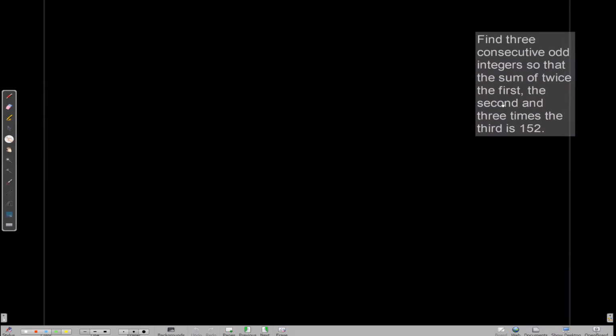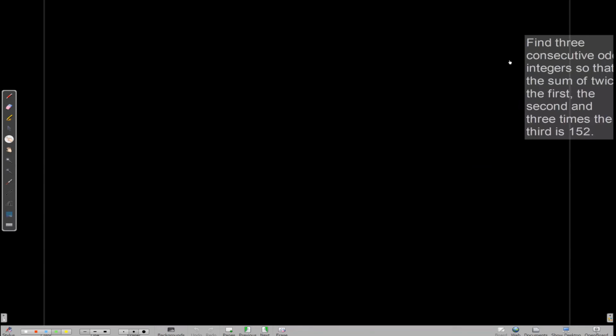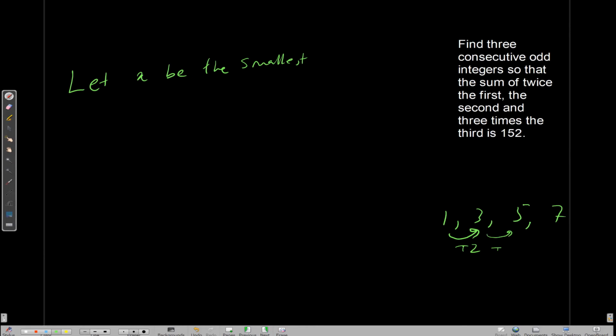How about this? Sum of three consecutive odd integers. So consecutive and odd. So again, let x be the smallest. Even though we have odd, like 1, 3, 5, 7, still the jump is plus 2. Can you see? Plus 2.